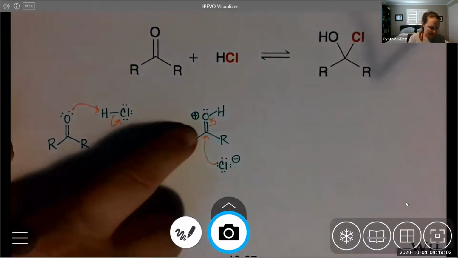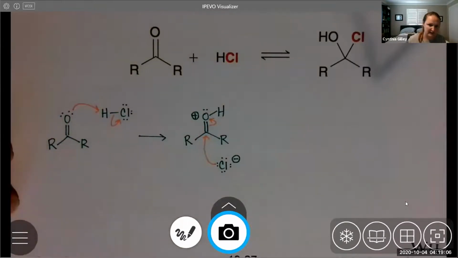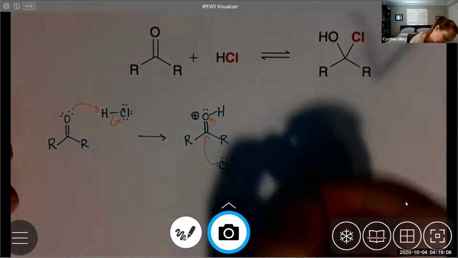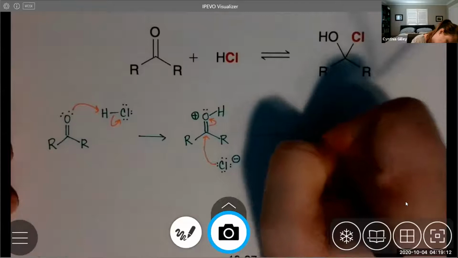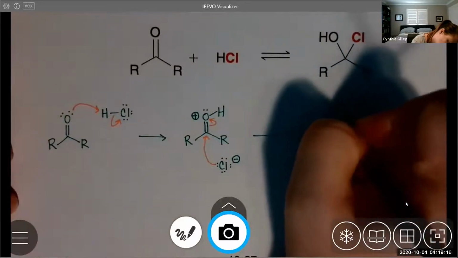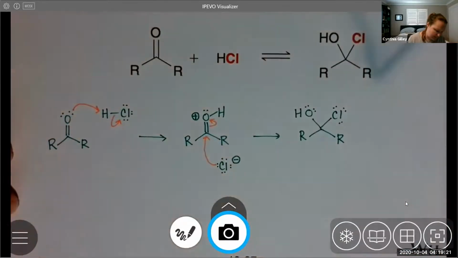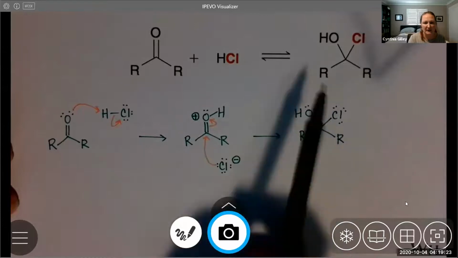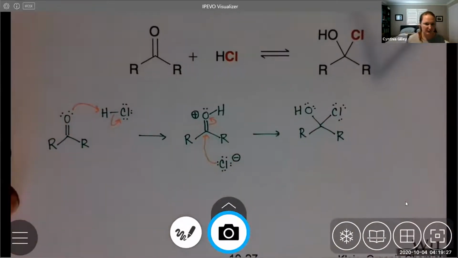And I don't want to exceed the octet on that carbon, so I send electrons up to the oxygen simultaneously through resonance. When we draw out the product, we see that we have actually already arrived at the product. So that is the mechanism in the forward direction.